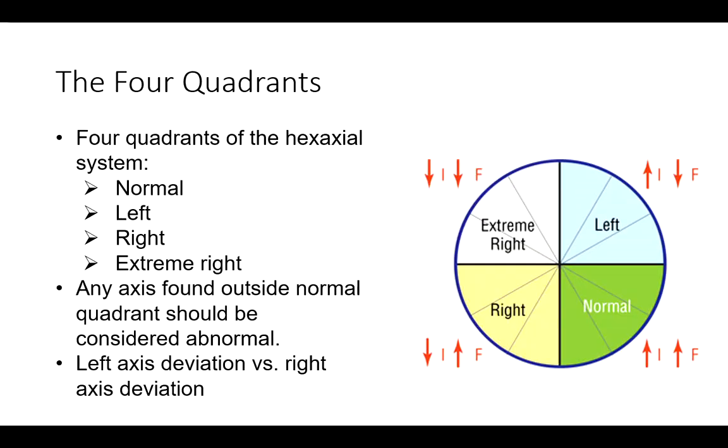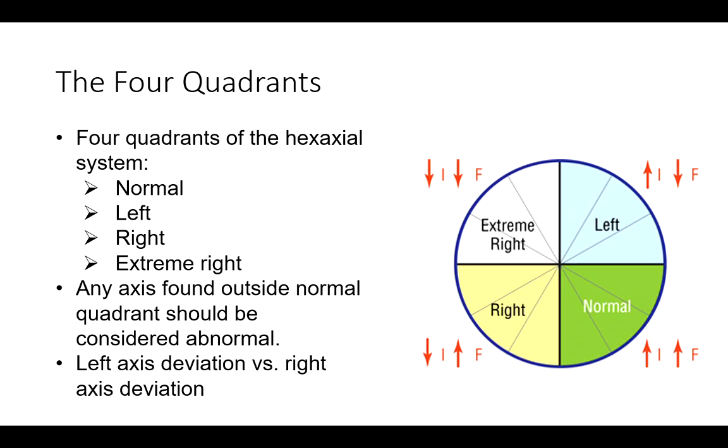For instance, you see there the normal quadrant. We have 4 quadrants of the hexaxial system. Normal would be down in this direction here, as we saw in the figure on the previous screen. But let's say the electrical axis of the heart swings over to the right side, or swings up over to the left axis.